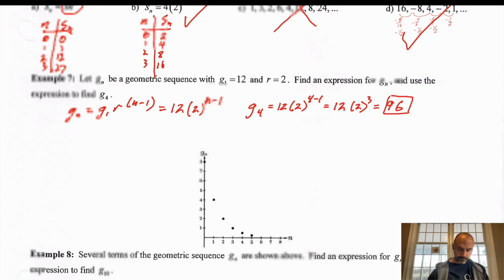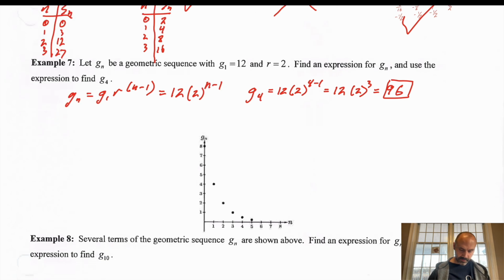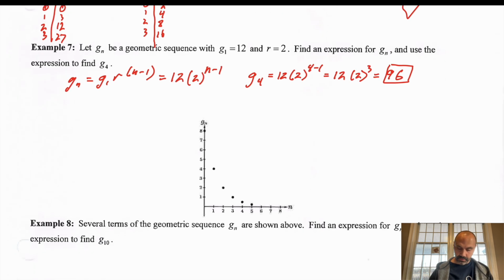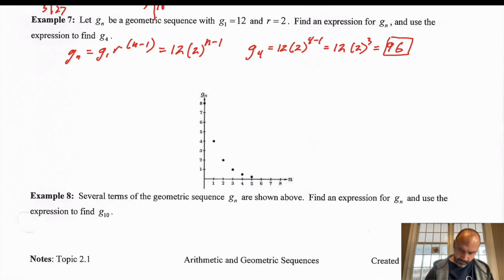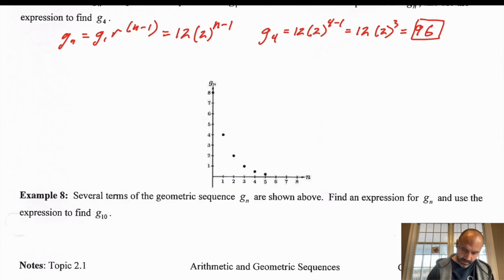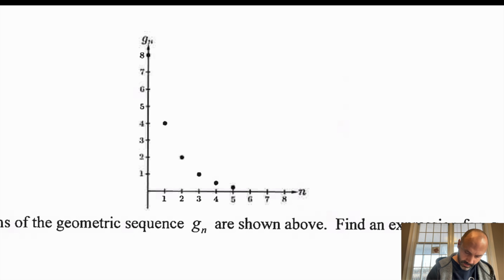Then in example 8, they give us several terms using a graph, and we can use this to find what G10 is. The output values are 8, 4, 2, 1, and it looks like it's going down to 1/2, a quarter, something like that. So the common ratio here is 1/2.